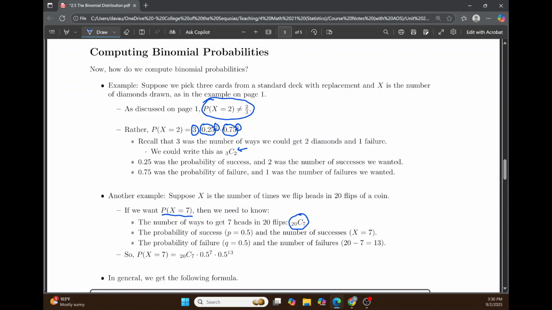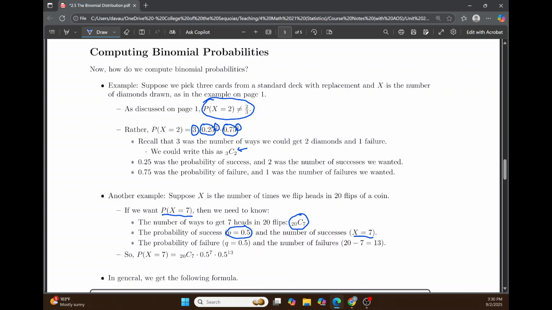Okay, 20 flips, we need to choose 7 of them to be heads. The other thing we would need to know is the probability of success. Well, every time we flip a coin, there's a 50% chance that it's going to come up heads. So the probability of success is 0.5. And we want 7 successes.